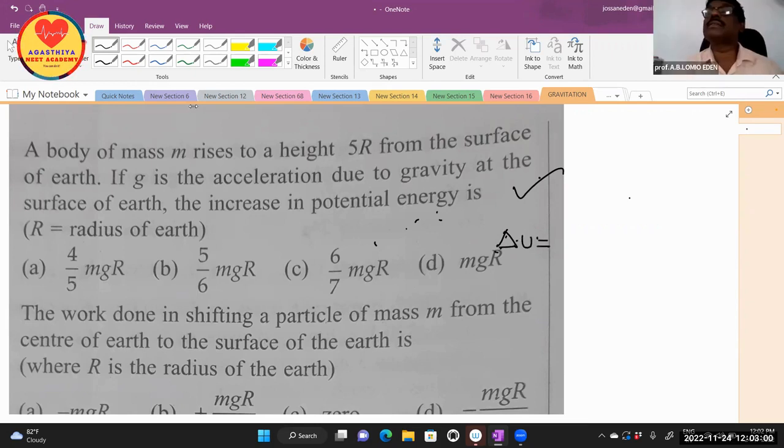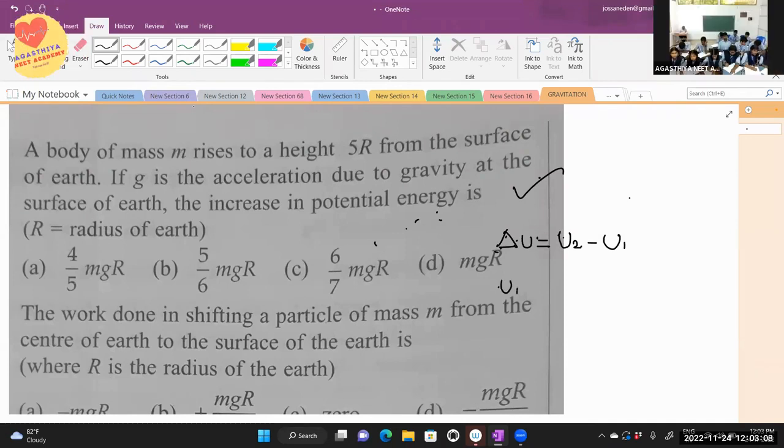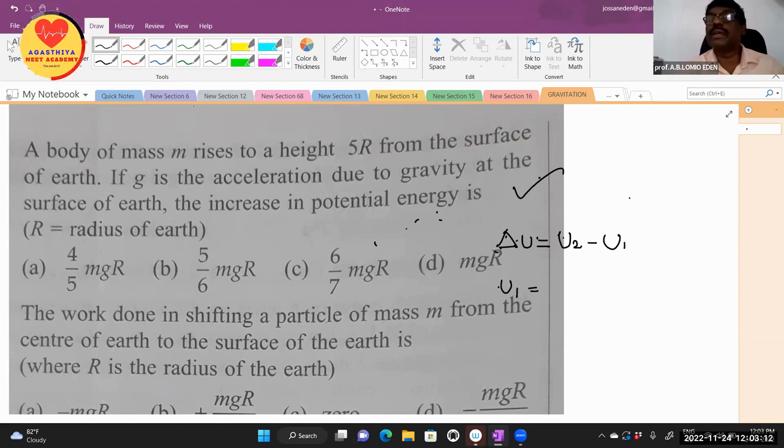Increase in potential energy is nothing but the change in potential energy, U2 minus U1. The initial potential energy of the body placed at the surface of the earth is minus capital G, capital M, small m divided by R. U2 is minus G, capital M, small m.